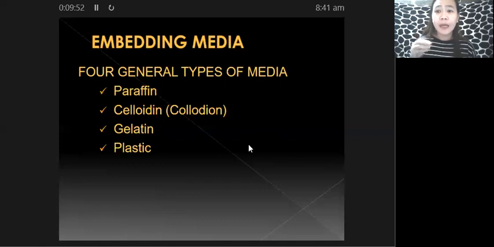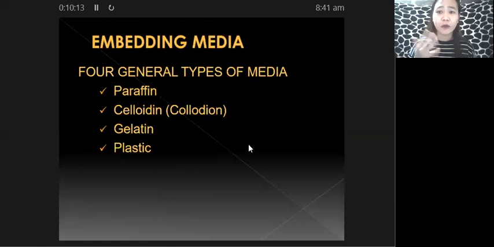Of course, it's easier for you to cut the gelatin because it has a softer consistency compared to your pineapple. And the tendency is you will not be able to cut the pineapple. This is because they have a different consistency.